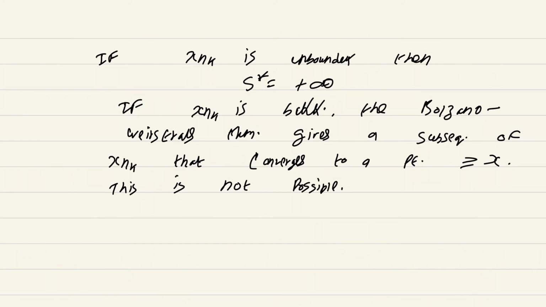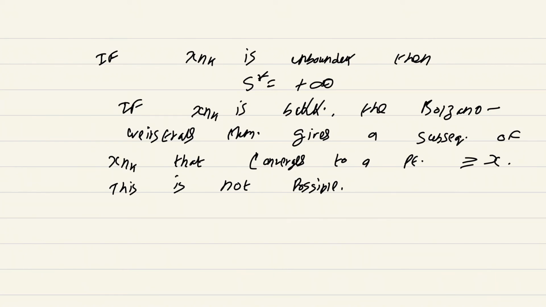Okay, now the case where S star is just minus infinity is very easy. If S star is minus infinity, it's rather trivial to show this. Okay, now this actually concludes the proof of property 1 and 2.